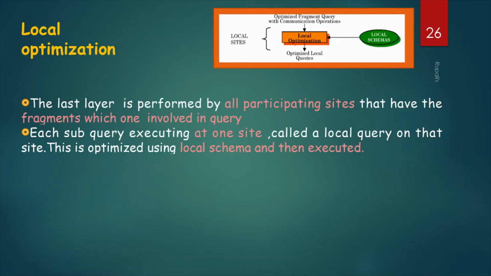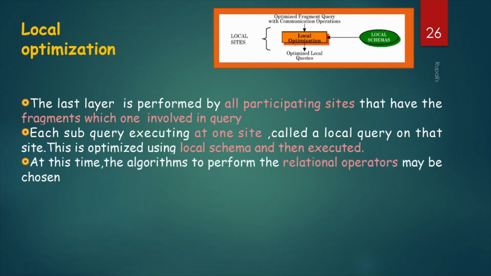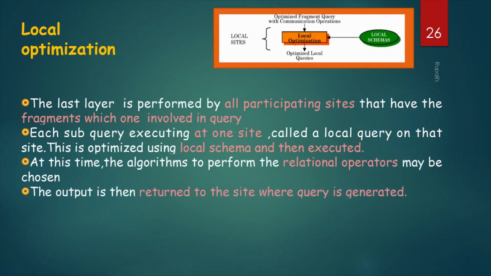This query is also optimized using the local schema and then executed there. At this time, the algorithms to perform the relational operators may be chosen. And what is the output? The output is returned to the site where our query is triggered, that is, where the query is generated.